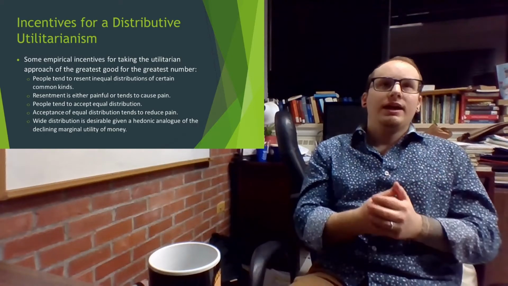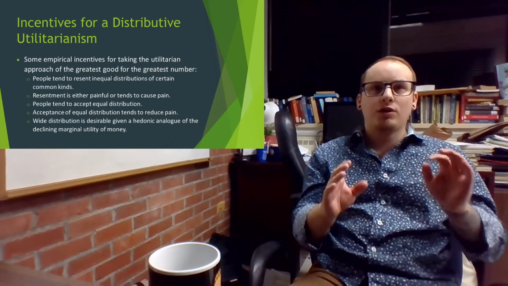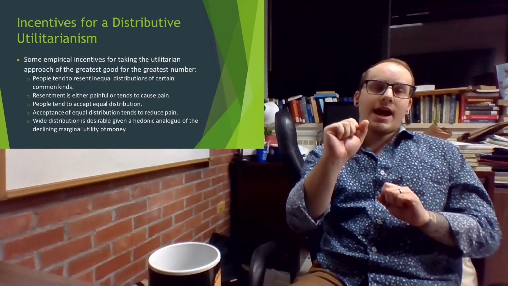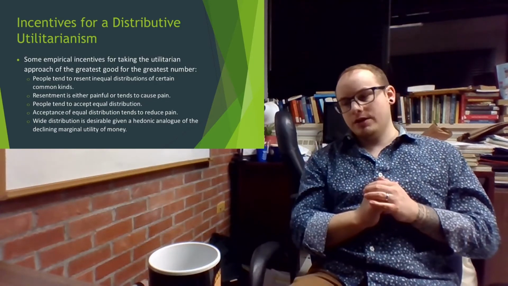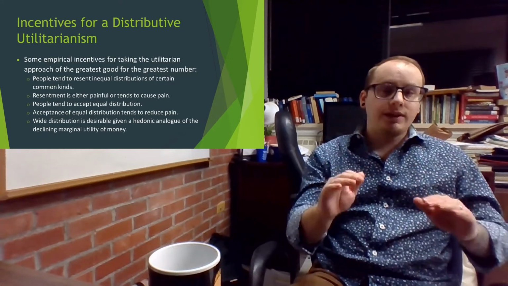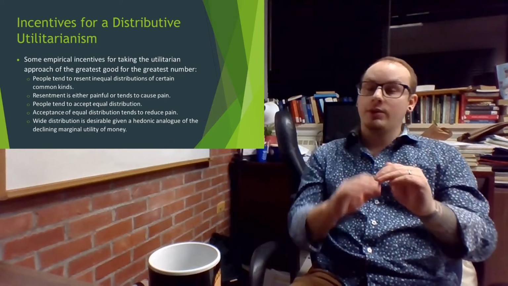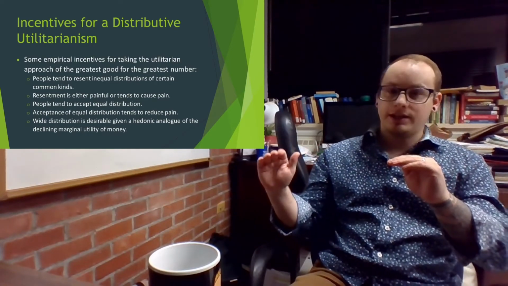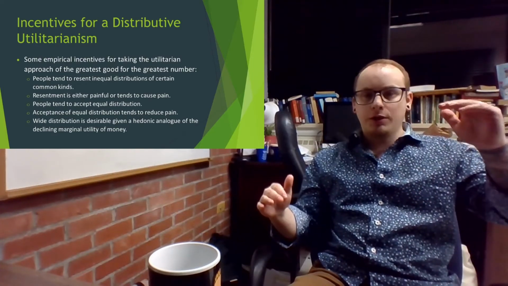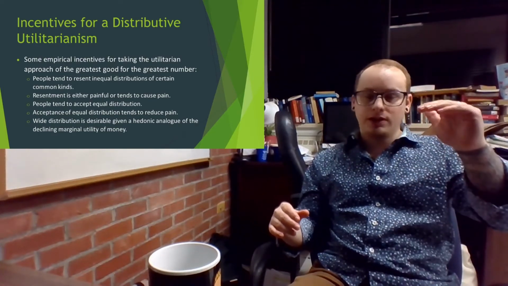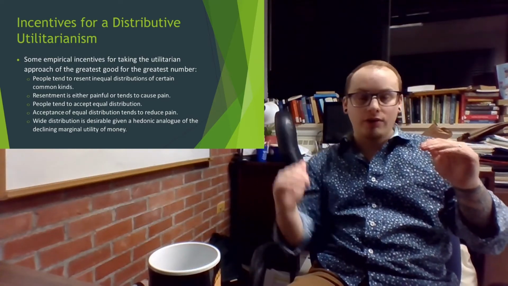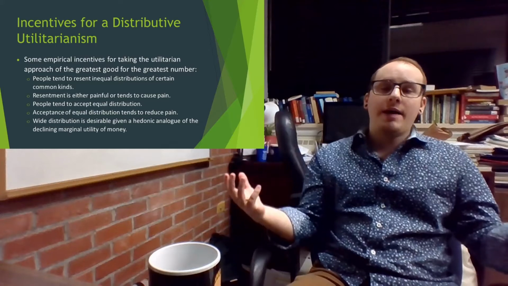Or I should say, someone would probably receive a little bit more happiness in receiving a 5% raise as compared to a 3% raise. But if giving that person a 3% raise so that we can also give another person a 3% raise as opposed to no raise at all, even though then that first person is getting a 3% raise instead of a 5% raise, because it allows the other person to also get a raise instead of no raise at all, overall happiness is increased.